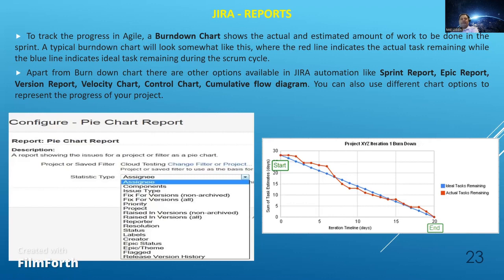How many resources have been working? How much time has elapsed? What is the estimated cost of the project? Is it within the budget or going out of the budget? Any questions? So all these reports can be generated and management can review these reports and find out how their progress is.